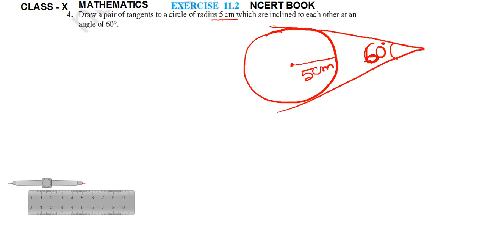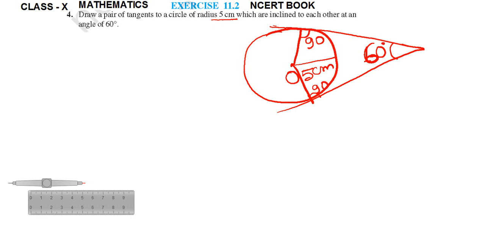Now see, this is the center of the circle. If you join the radius, you know tangent must be perpendicular to the radius, so it should be 90 degree. Again it should be 90 degree.